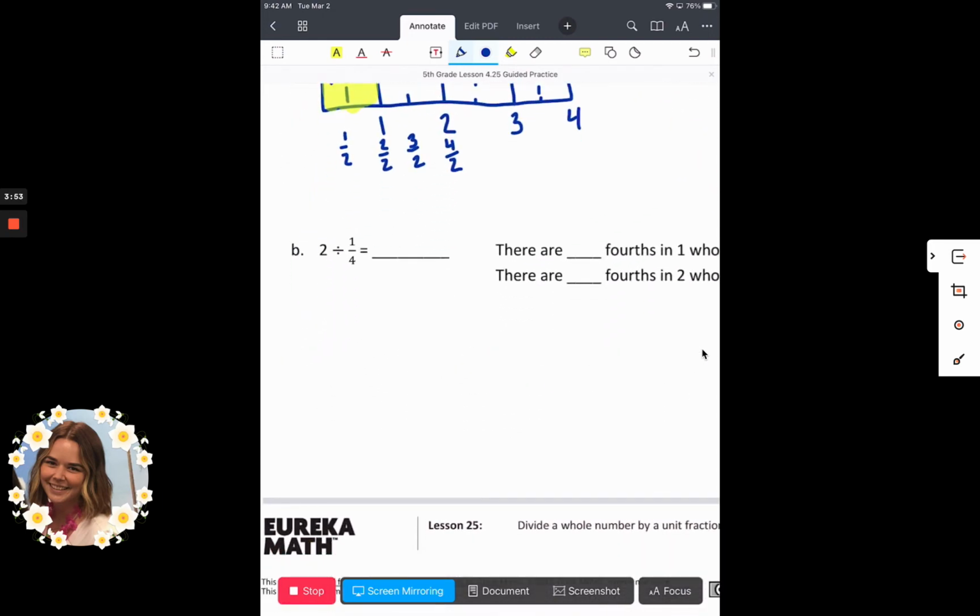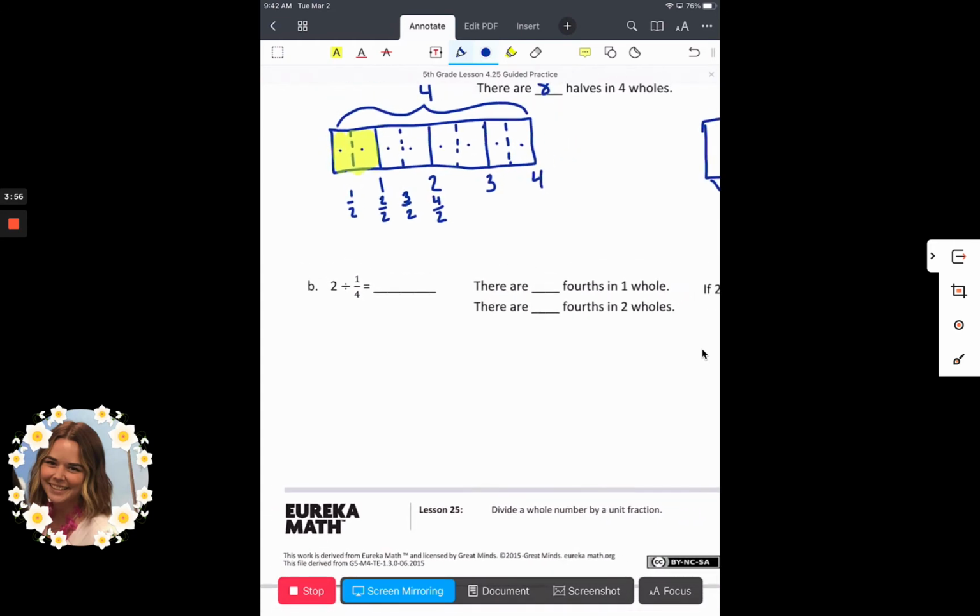We have 2 divided by 1/4. So we're going to draw our 2. Remember, we have to divide that in half first to make our 2. And then we divide into fourths. So in one whole, so that's just in this part, there are 4/4.